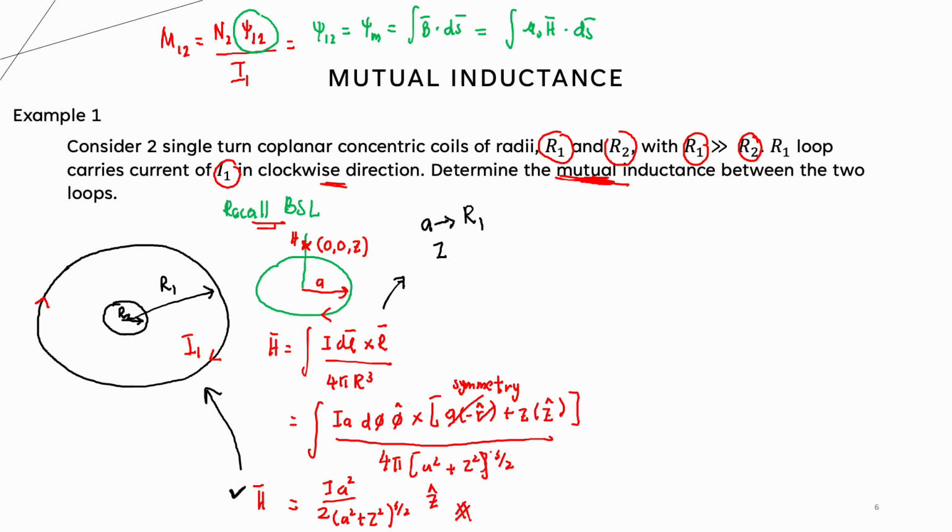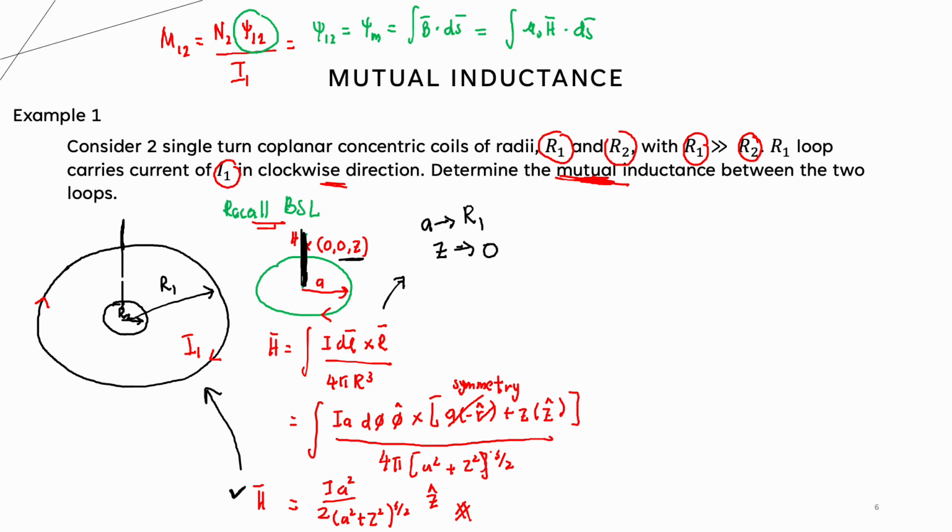And what is the value of z? z is a position on the z-axis where we want to determine H. In this question, no z-axis value is given, so z is going to be 0.